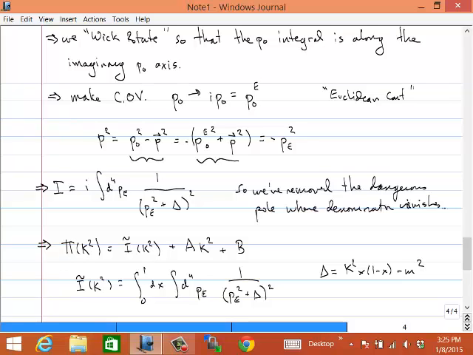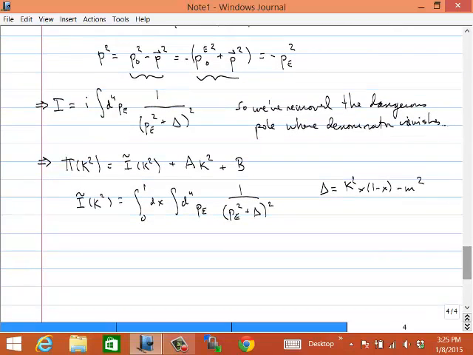Good. Questions so far? Okay. And as we saw, a and b are chosen so that pi and its first derivative vanish at k squared equals m squared.